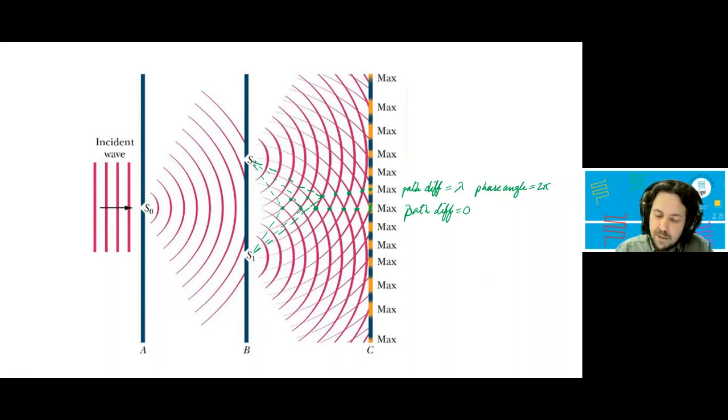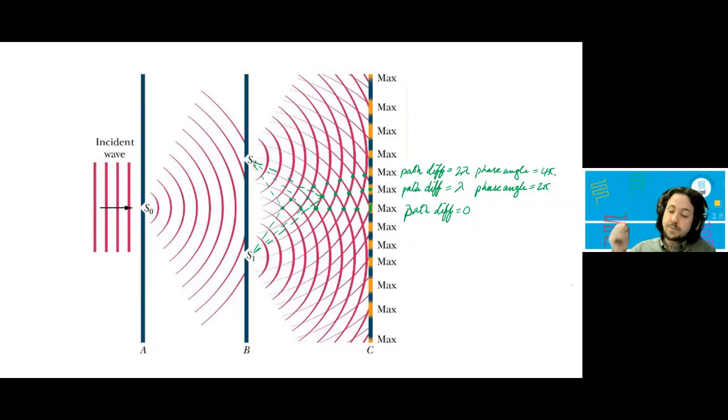And now I think you might be able to see a pattern here, because we can look at where the peaks meet again here, and we get another bright fringe. And now we can think about what the path difference would be here. And that is going to be equal now, not just to 1 lambda, but 2 lambda. Okay, and the phase angle is now going to be equal to 2 complete cycles, or 2 complete waves. And therefore, that's going to be 4 pi.